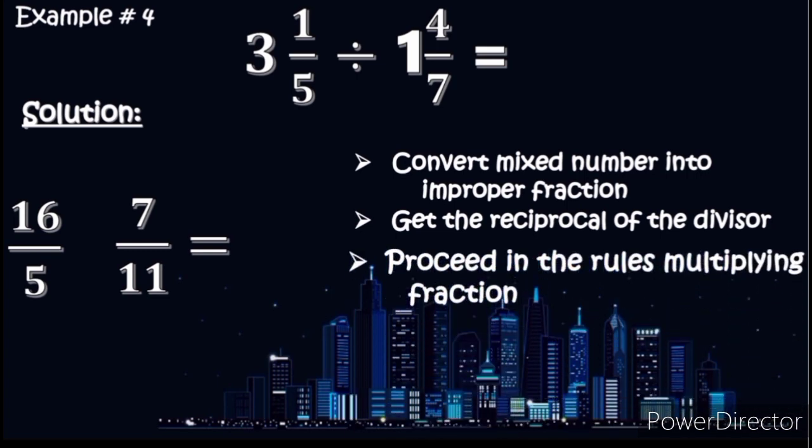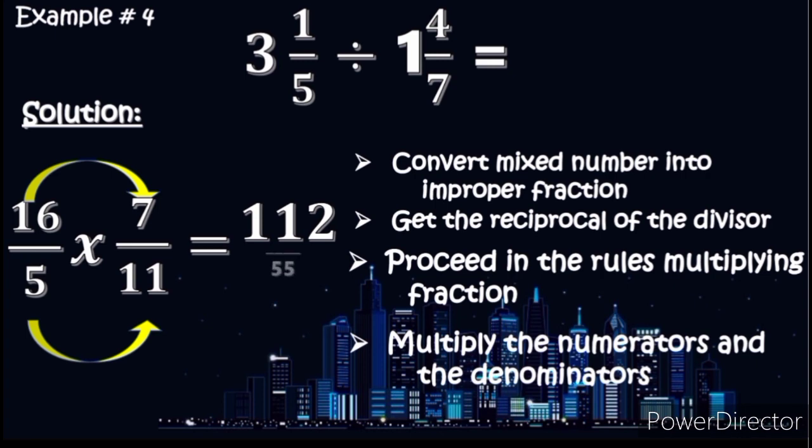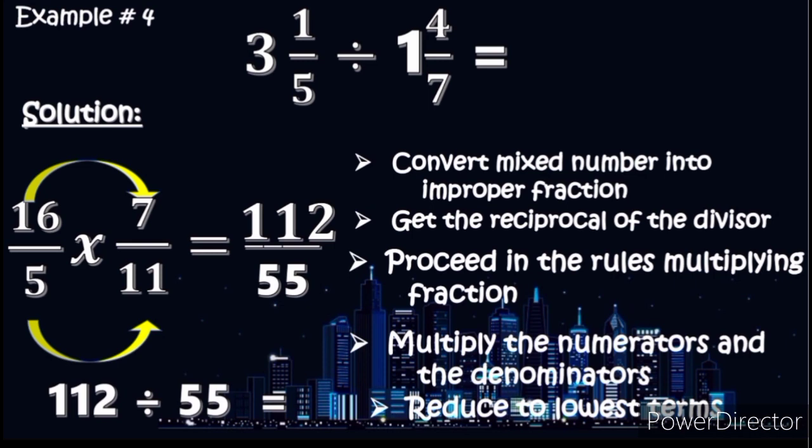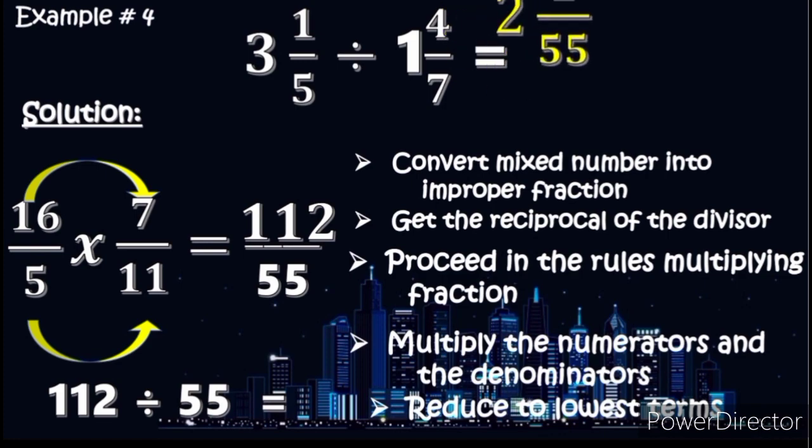Proceed with the rules in multiplying fractions. Now multiply the numerators and the denominators. 16 times 7 is equal to 112. 5 times 11 is equal to 55. Now reduce to lowest terms. 112 divided by 55. For our final answer, we have 2 and 2 over 55.